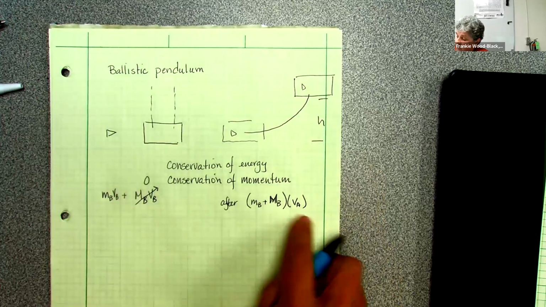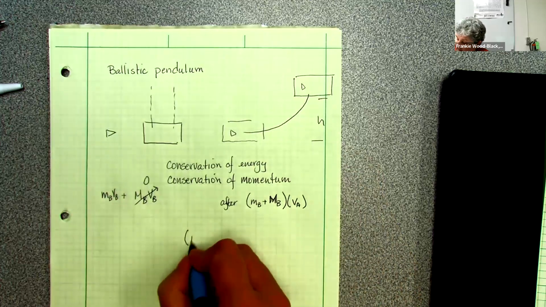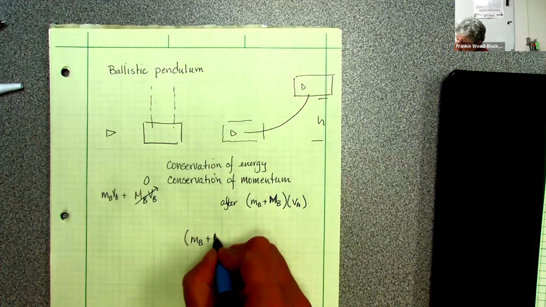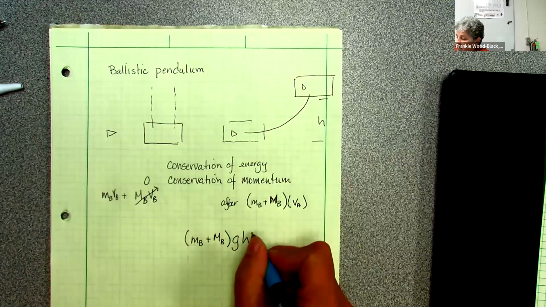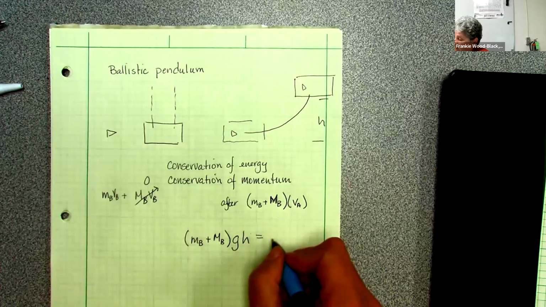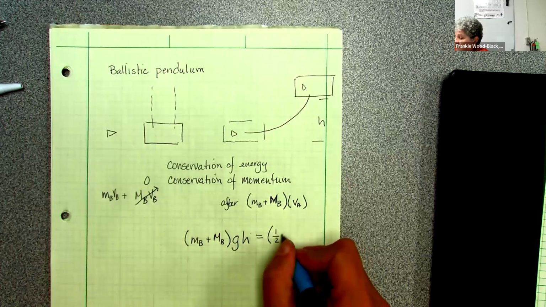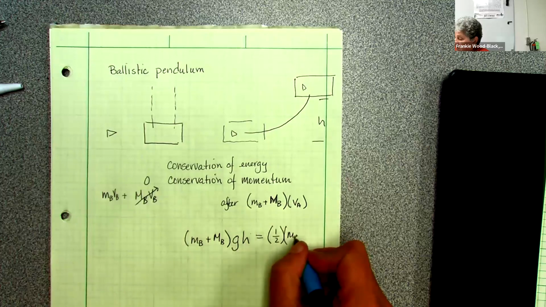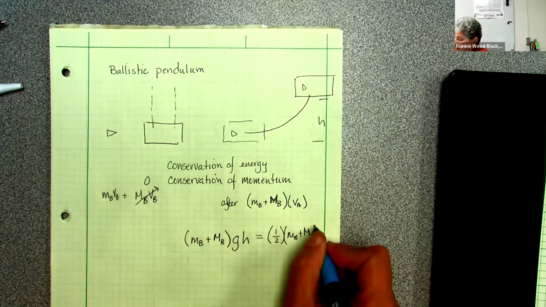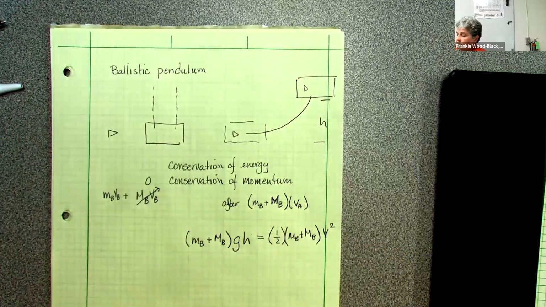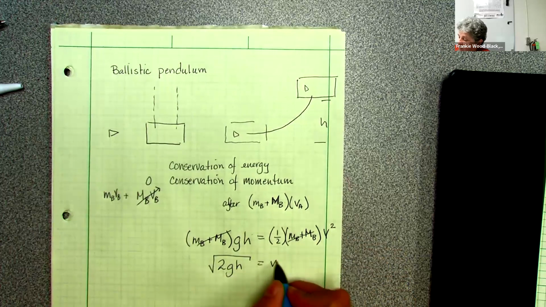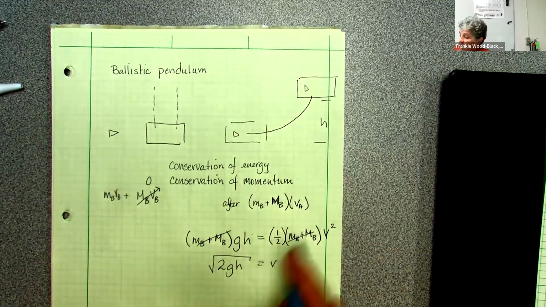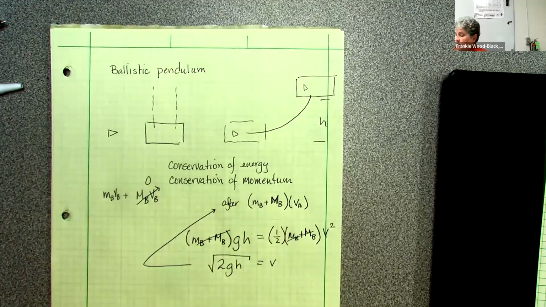Well, I can use conservation of energy to get that. So I've got my mass of the bullet plus the mass of the block, gravity times the height, and I've measured height. That's got to equal 1/2 mass of the bullet plus the mass of the block, v squared. Those things go away. I get the square root of 2gh. I now have my velocity, and now I can plug that back in to this one.